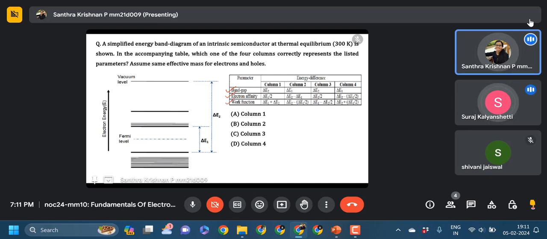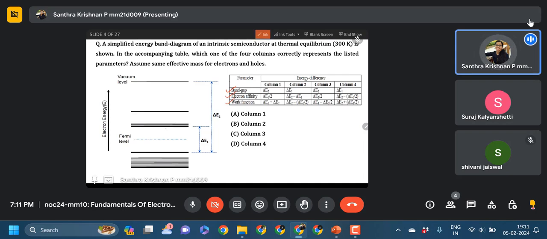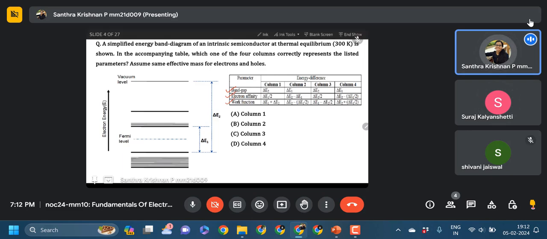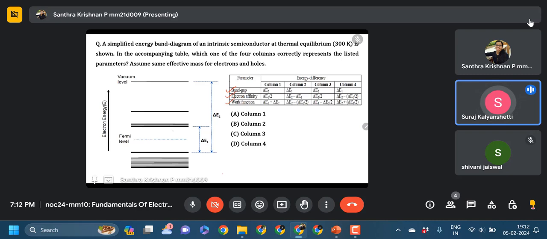I'm not able to go through the band gap. Band gap value is something between, right? Delta E1 minus, only the between is the band gap, right? Are you telling that this is the band gap? Is it delta E1 or delta E2? No, it should be between that, right?